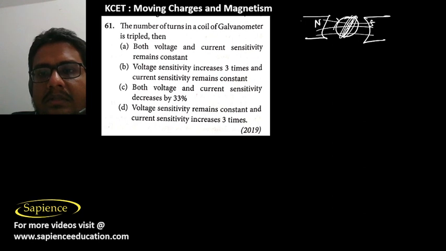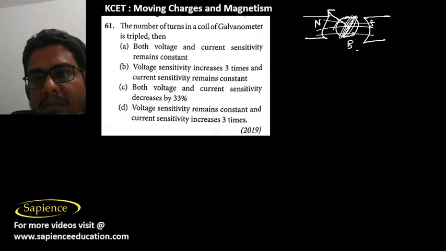These are the magnetic field lines. And this is the pointer in the galvanometer.